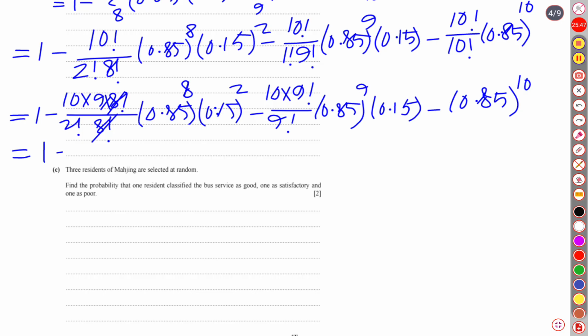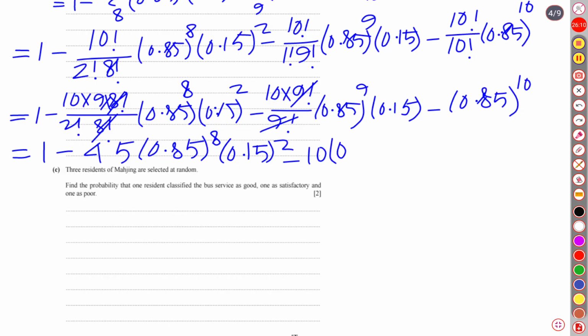So 5 nines are 45. 45 into 0.85 raised to 8 times, and 0.15 squared, minus, if we dissolve this 9 factorial by 9 factorial, this is nothing but 10. 10 into 0.85 raised to 9 times into 0.15, minus 0.85 raised to 10.